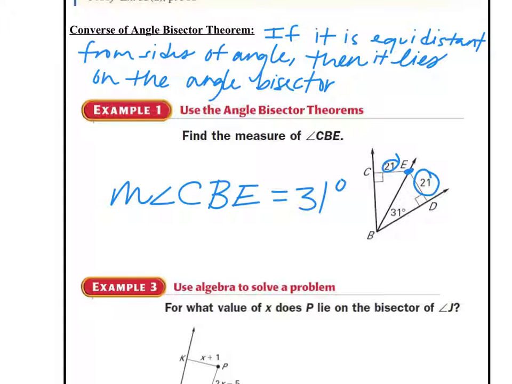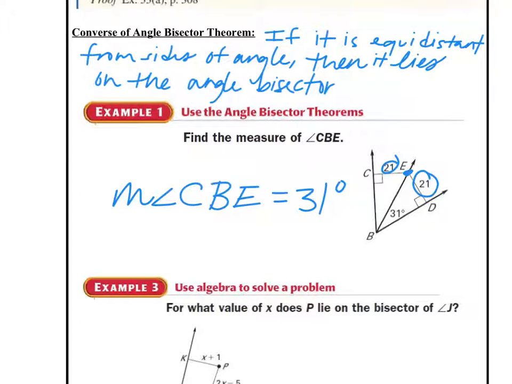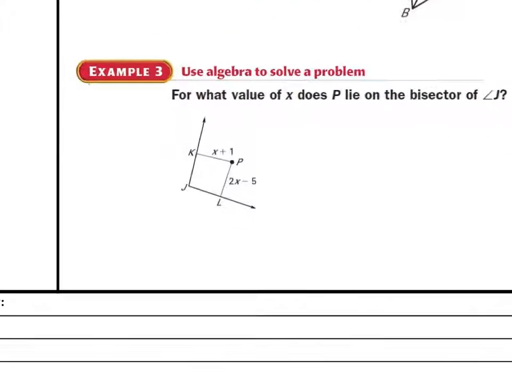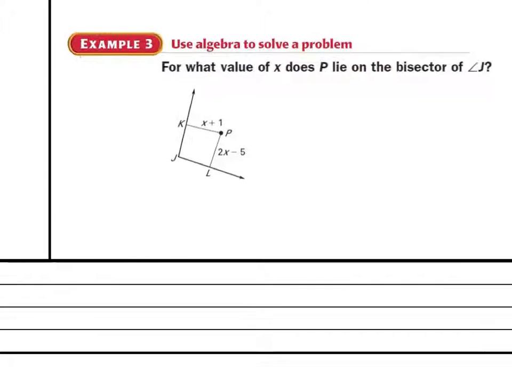So last one, what value of x does P need to be? Or so for what value of x does P lie on the bisector of angle J? Bonnie, what's the equation I should write for the last one? Because we need those to be the same length.